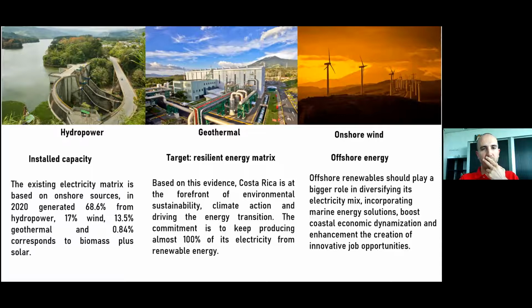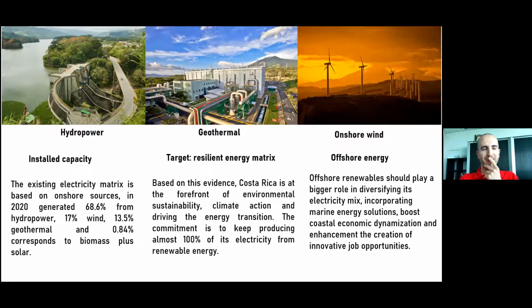But very important for us is to move forward in the target to keep a resilient energy matrix. For this, Costa Rica has made very important commitments around the world against climate change, trying to have a very competitive energy transition. This is why we are thinking in the last years to change from a continental energy portfolio to looking for a marine energy portfolio.